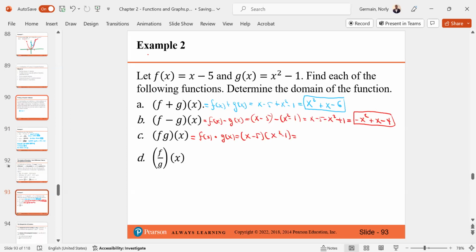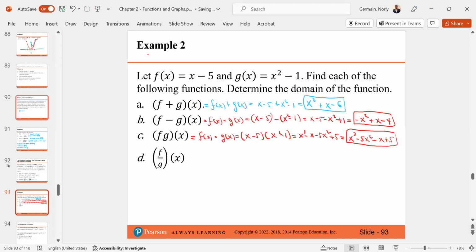If you FOIL, x times x squared is x cubed, x times negative 1 is negative x, negative 5 times x squared is negative 5x squared, negative 5 times negative 1 is positive 5. You cannot simplify further, because x cubed minus 5x squared minus x plus 5 is the best answer you can find.